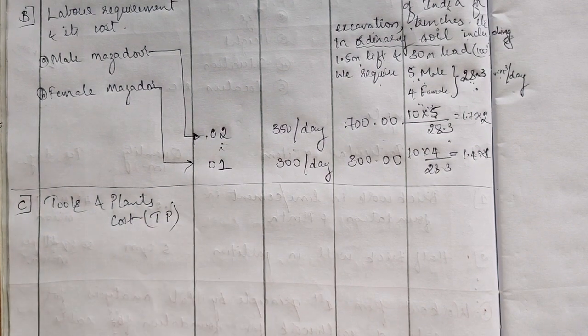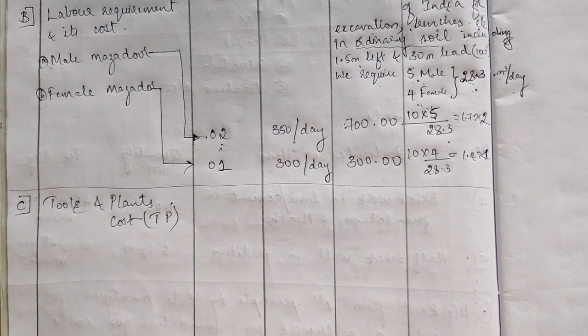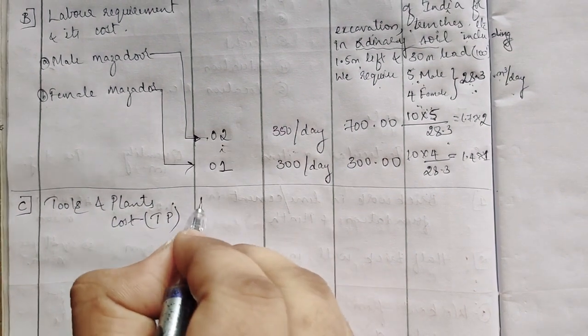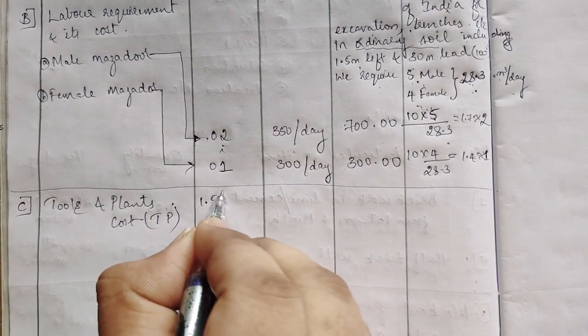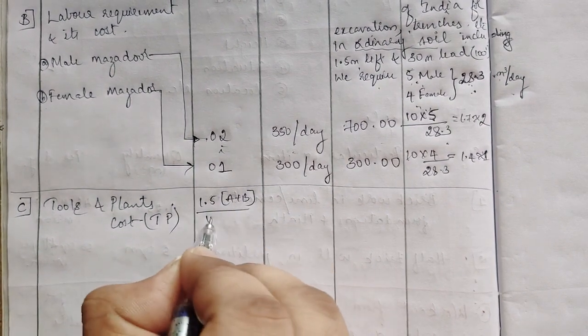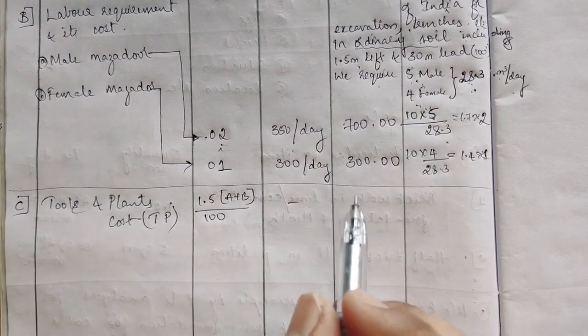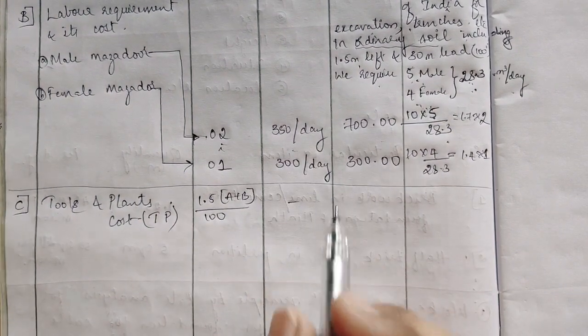Okay, what I do, it is 1 to 2% of A plus B. I'll take 1.5%. So 1.5 of A plus B divided by 100. So you calculate A plus B.